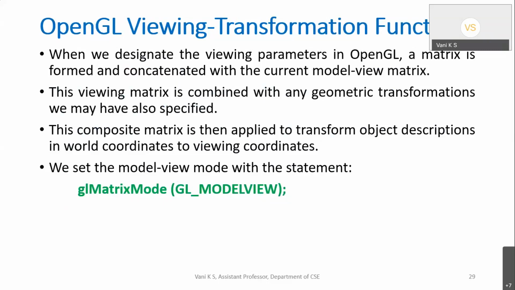Now, before we start our projections or transformations, I need a matrix in place in memory so that my future objects will get concatenated or multiplied to the current matrix. That matrix we call the model view matrix. Now, this is the function to set up which matrix mode you want.